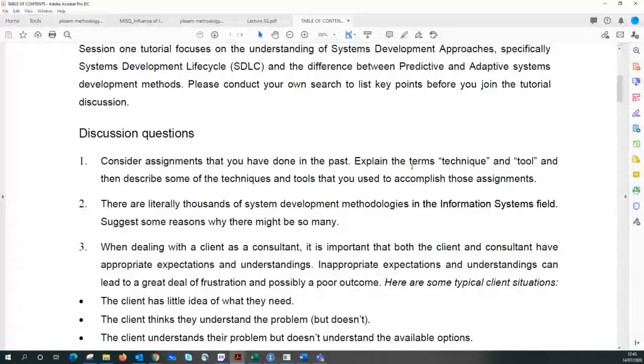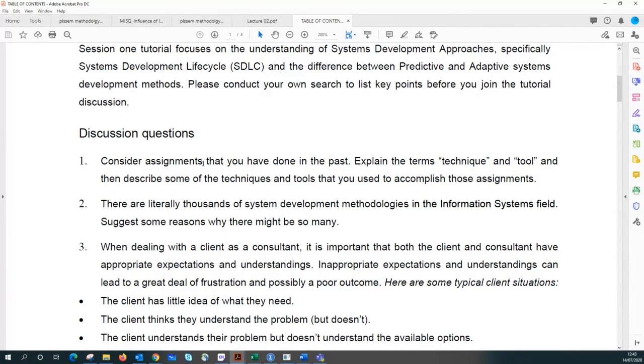Explain the terms technique and tool, and describe some techniques and tools that you used to accomplish those assignments. First, we need to know what we mean by technique and what we mean by tool.